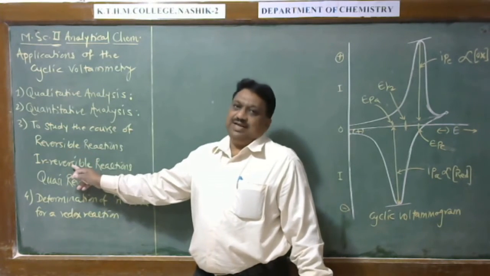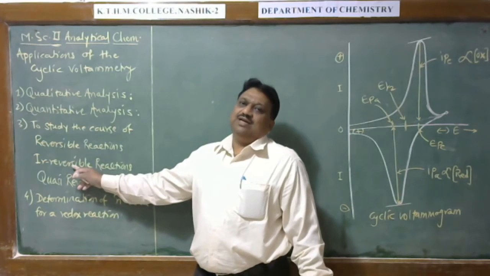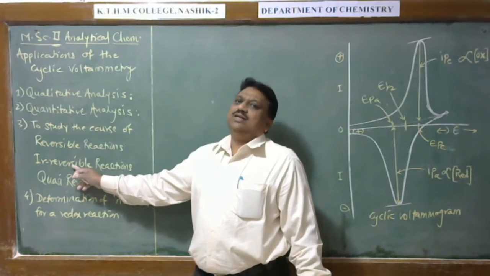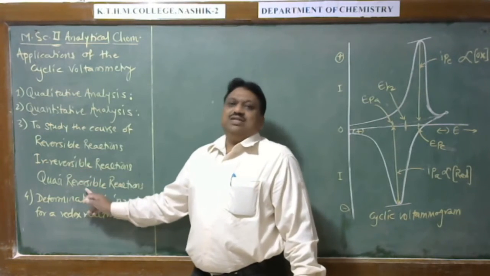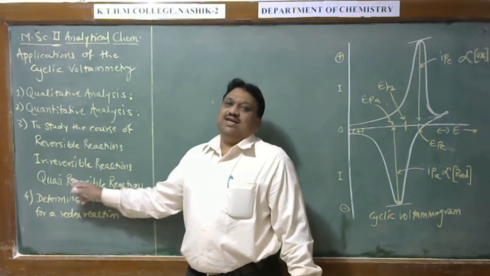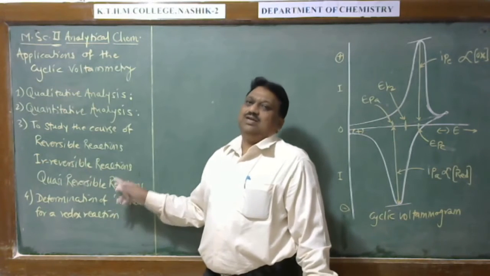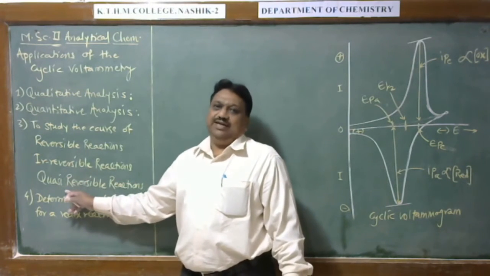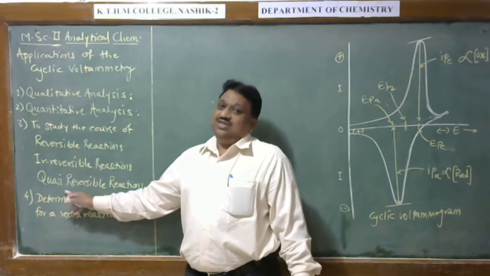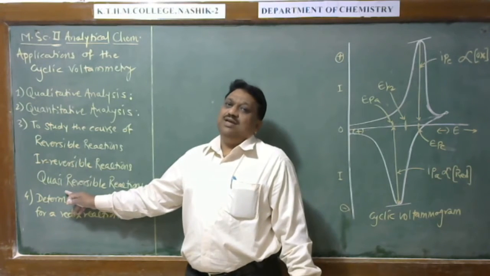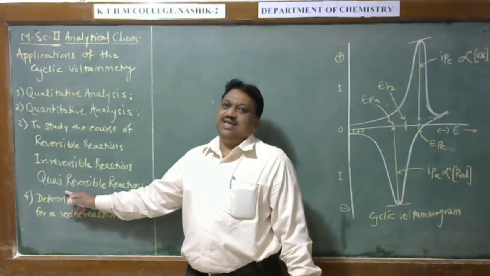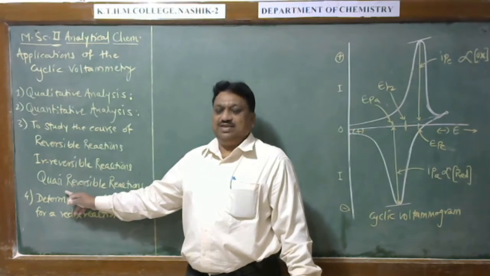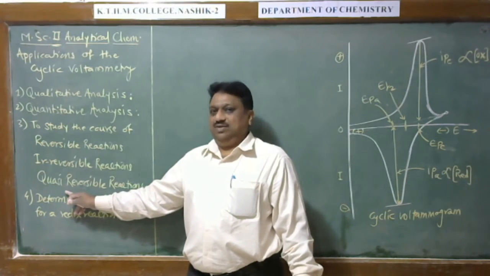In irreversible reaction, analyte is converted into the product, but product is not converted into the analyte. In quasi-reversible reaction, analyte is converted into product, but the total product cannot be converted into original analyte. Such reactions are said to be quasi-reversible. That means reactions are not perfectly reversible, those are partly reversible.